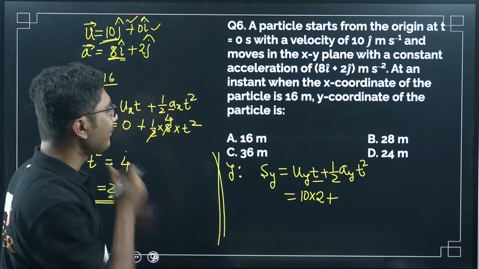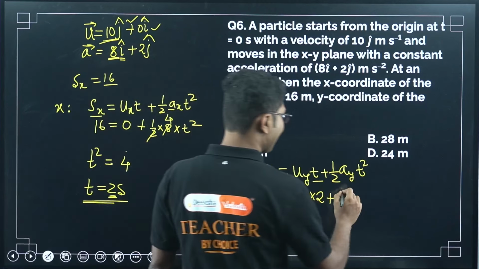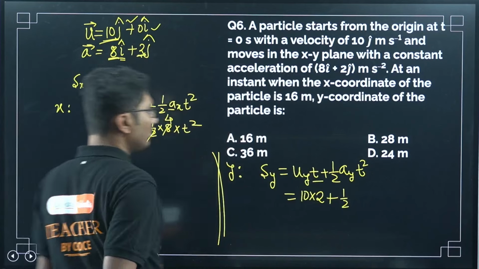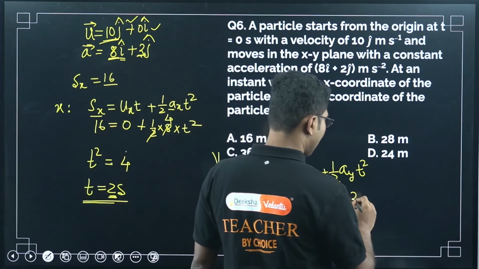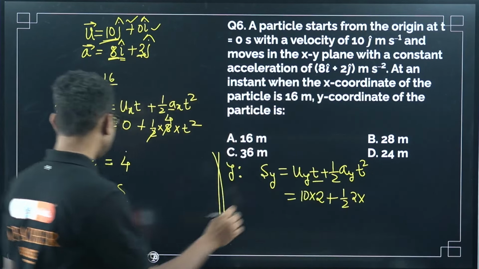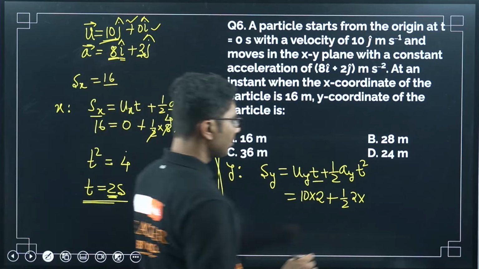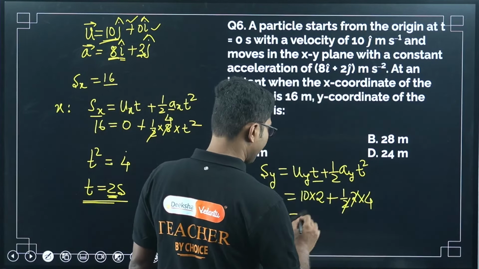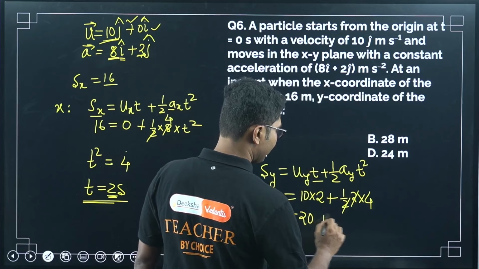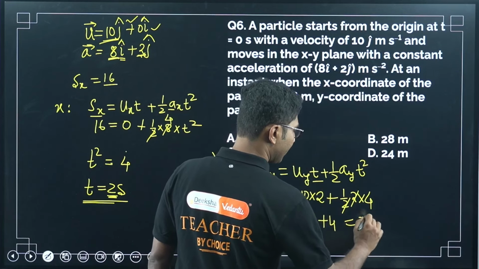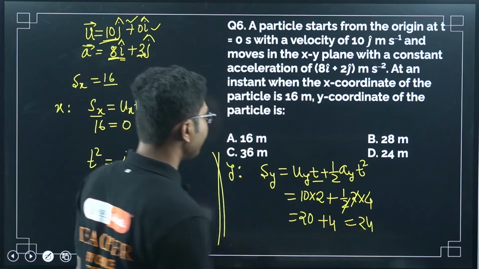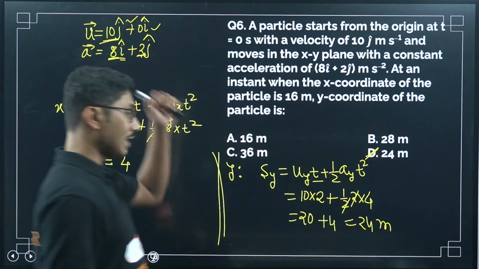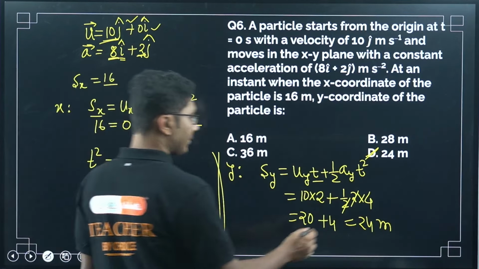Plus half ayt square. What is ay? ay is 2, times t square, which is 2 square, so that is 4. So you can cancel them. So it will be 20 plus 4, that is 24. So 24 meter is the answer. I have calculated it correctly, so it will be 24 meters.